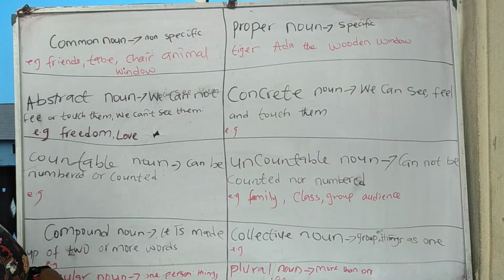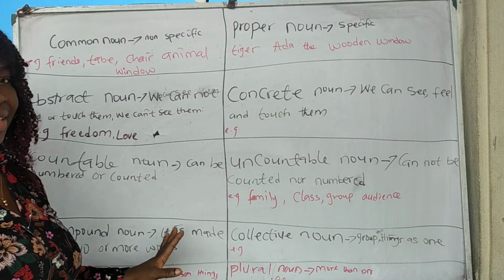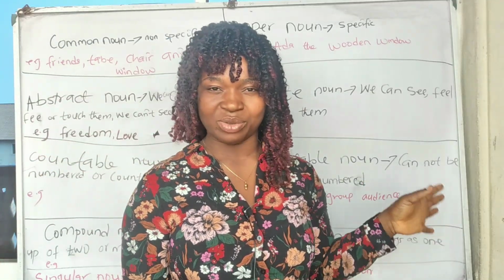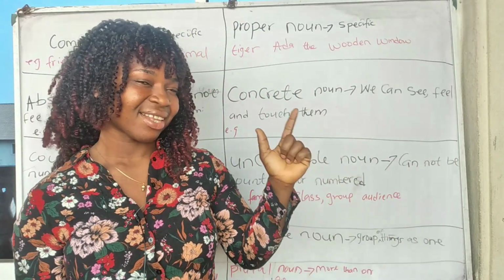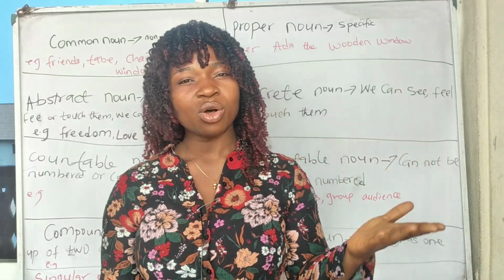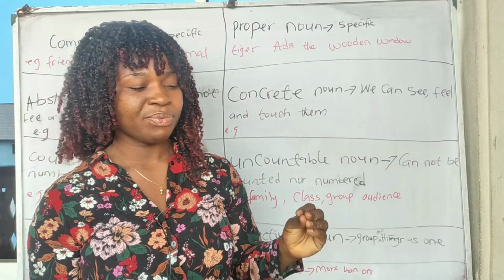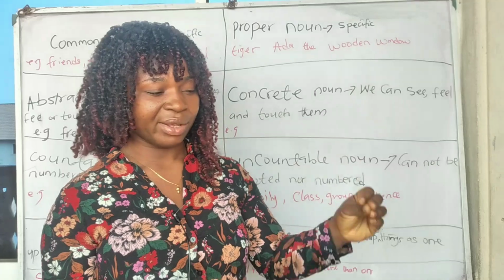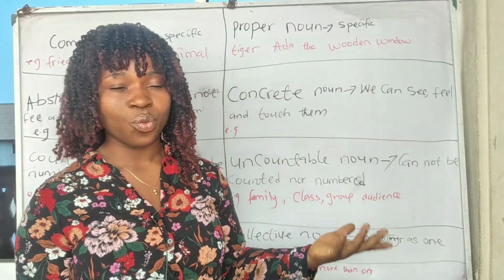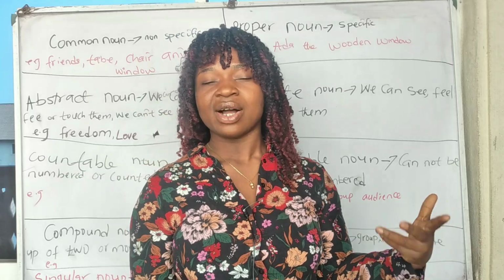Okay, and the third one, we have the countable and the uncountable noun. Now, from what the name implies, you understand that one is countable and the other is not countable. Things that we cannot count, liquid, like we cannot count water, okay? And we have things that we can count.